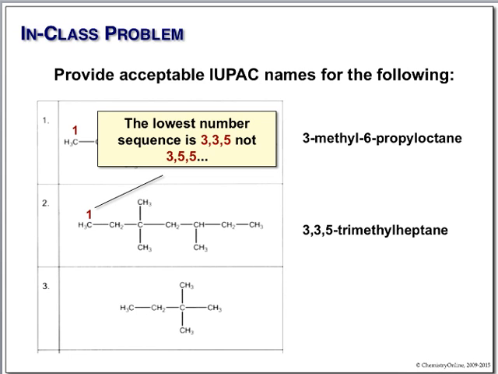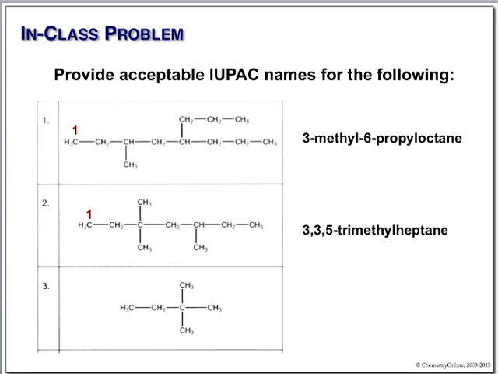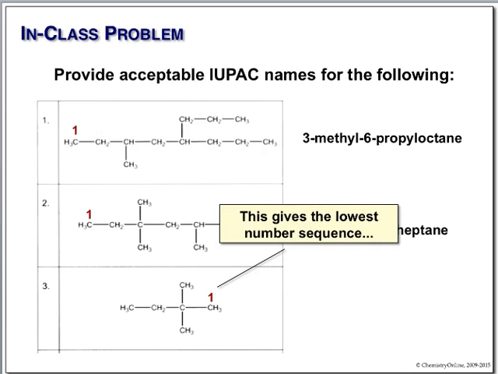Our next one here, 1, 2, 3, 4 carbon, it's a butane. We want to let this guy be carbon number 1. We're going to have a 2,2 dimethyl, and it's a butane.